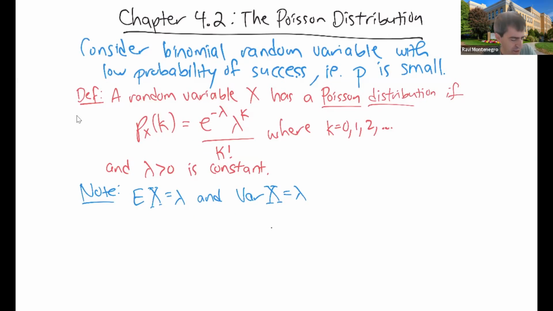Now, the book gives some examples of Poisson distributions. I find it more helpful to learn the binomial application and then sort of work backwards, because the reason why their examples work is a consequence of the binomial case.